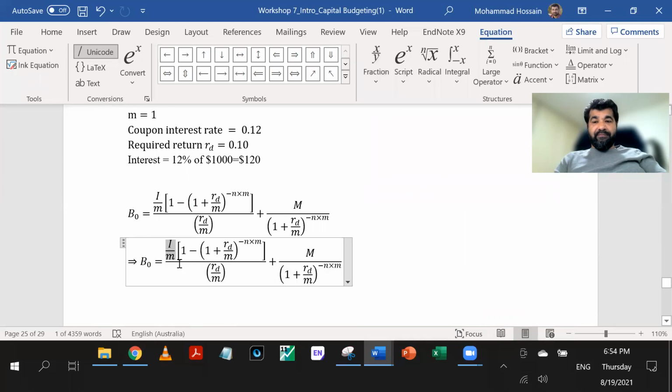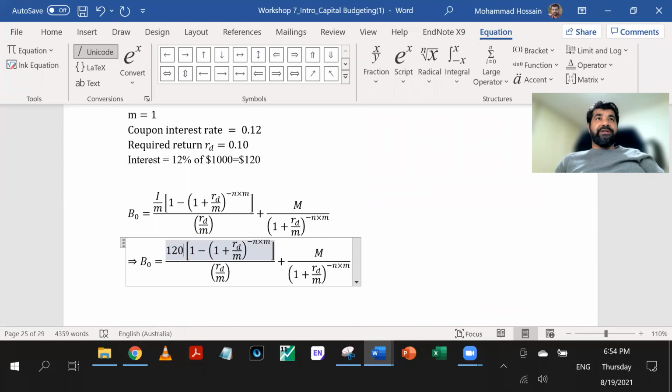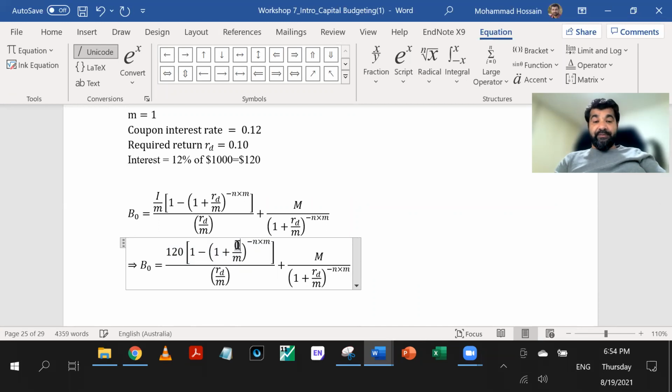120 into 1 plus RD by M. So RD will be here. Let's say the RD is 10%, 0.10. M is equal to 1, so I don't need to write down all these things.